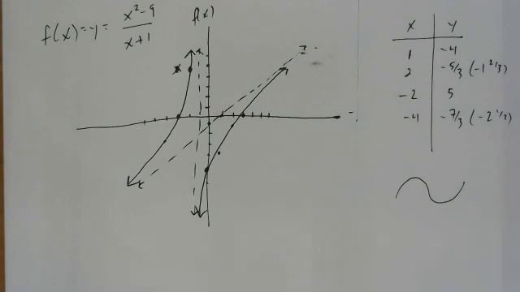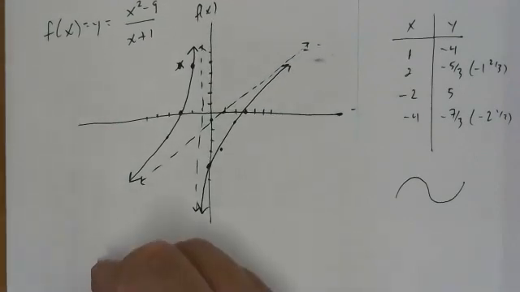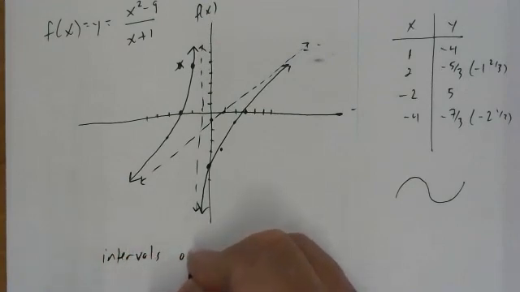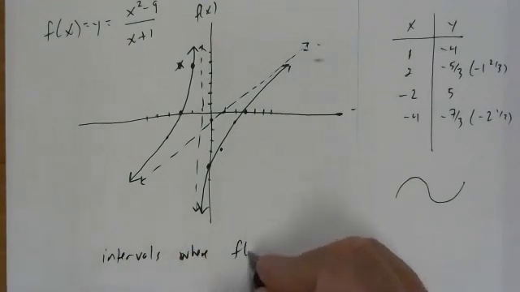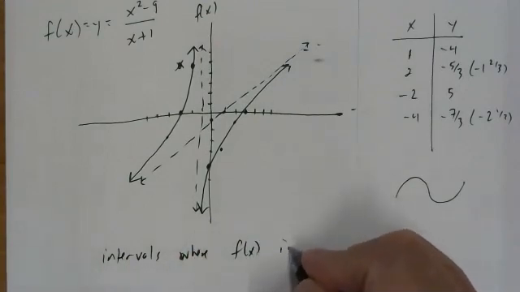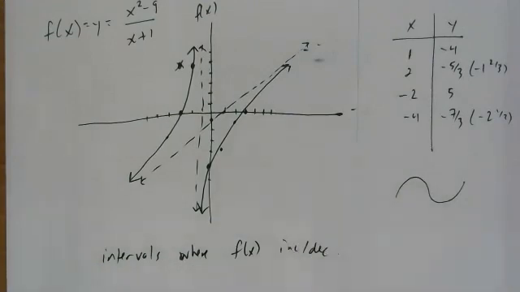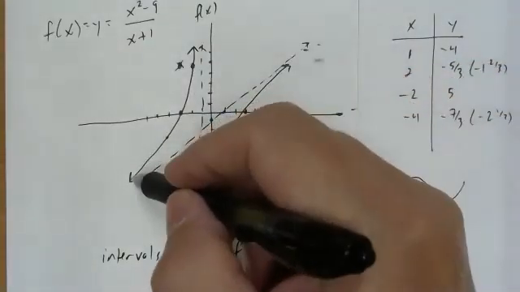Now, what they do ask for are regions or intervals where the function increases or decreases. What does that mean? Left to right. You start at the left part and as you move to the right, what's going on?